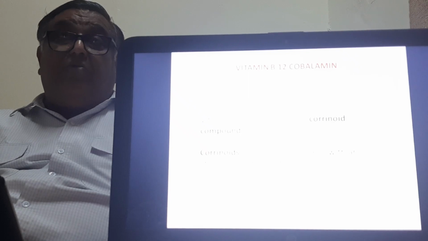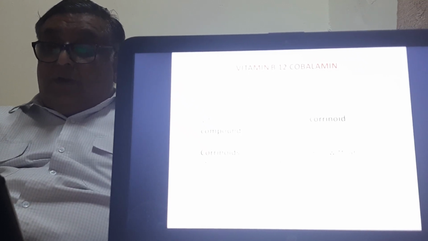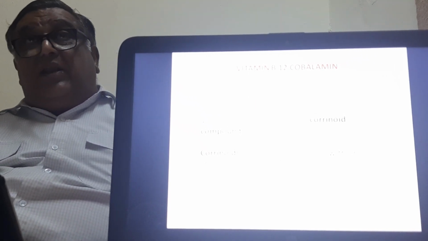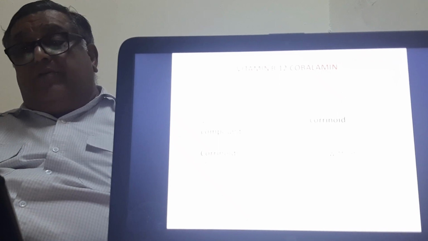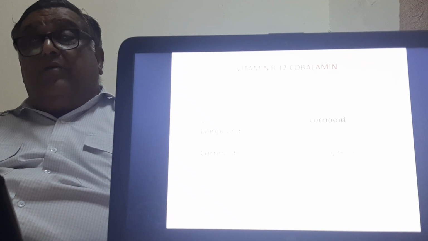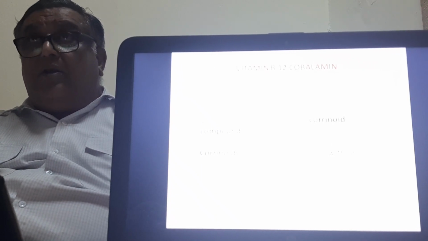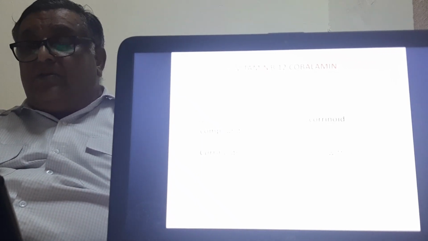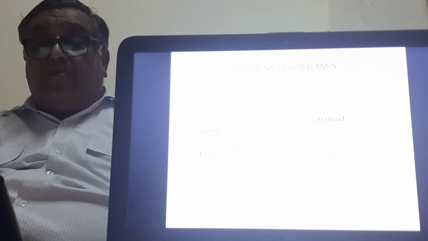So these are the types of cobalamin. There is a synthetic form of cobalamin also, in which instead of the R moiety, we put a hydroxyl group indicated in orange, and this is called hydroxocobalamin.